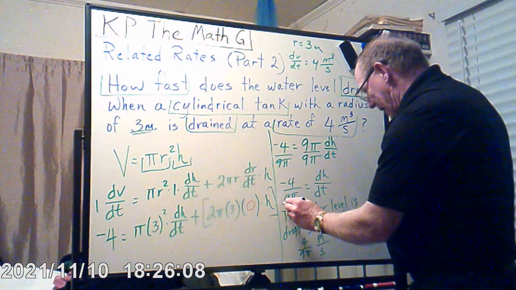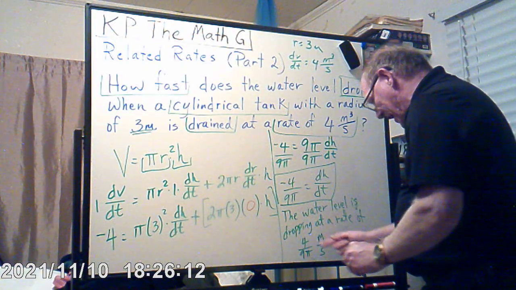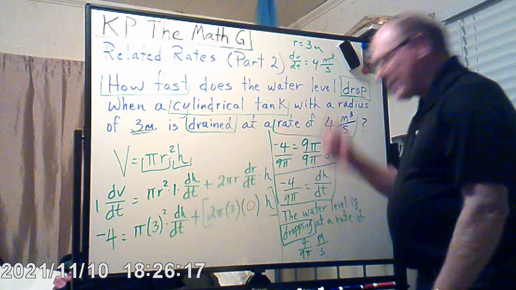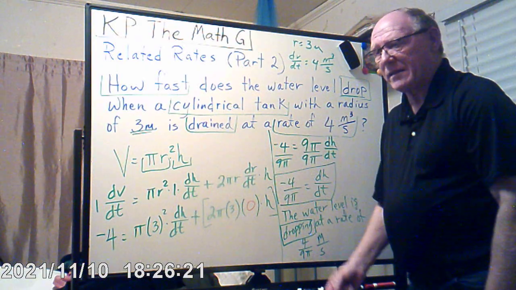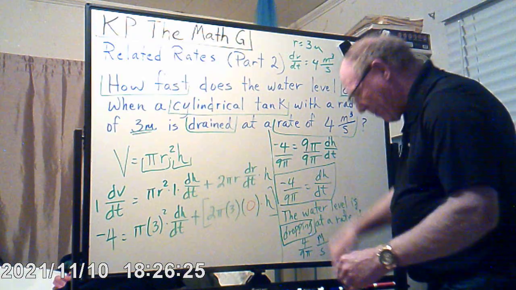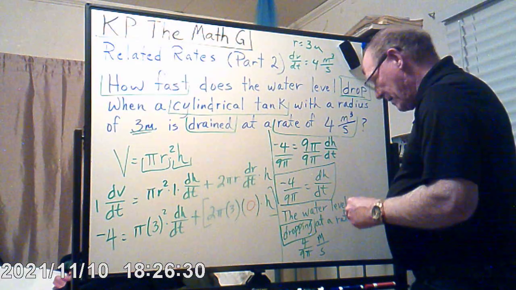You can write it down in the answer here, but when you write the explanation, the word dropping is in place of the negative sign. So it's dropping down. I already know it's dropping. All right.